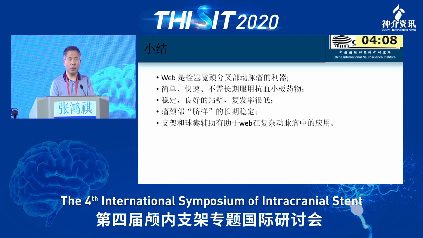It achieves an immediate result, and patients don't need to take long-term antiplatelet drugs. It has a good position. As long as the position is good, the recurrence rate is lower. And also you can see the neck of the aneurysms has a long-term stable condition.